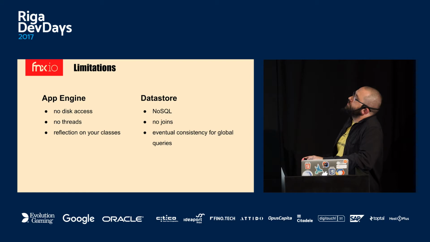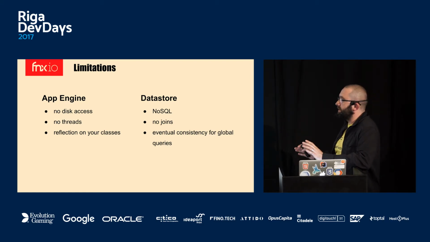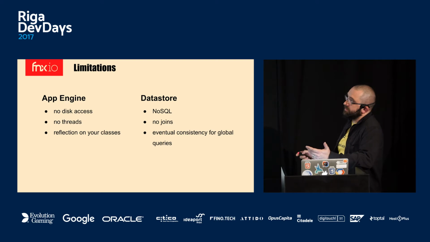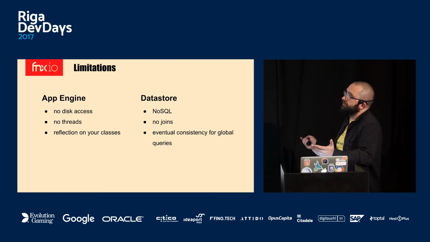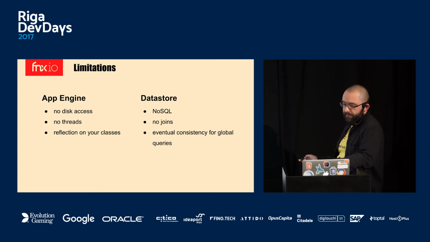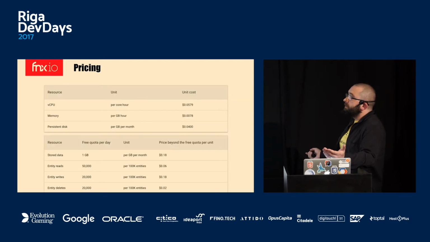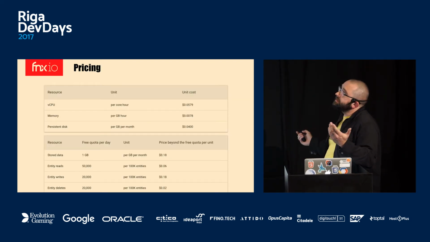You have no joins. Eventual consistency for global queries might be limiting. But I can live with all this, and it's a price I'm paying. But I don't have to take care of the application like at all. I build a WAR file and I deploy it, and then it lives and my work is done.